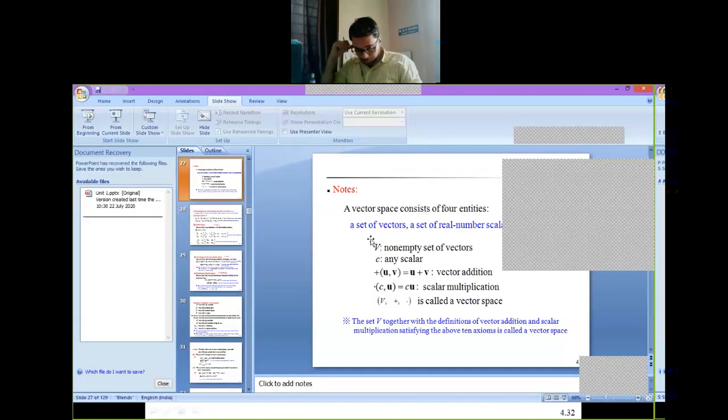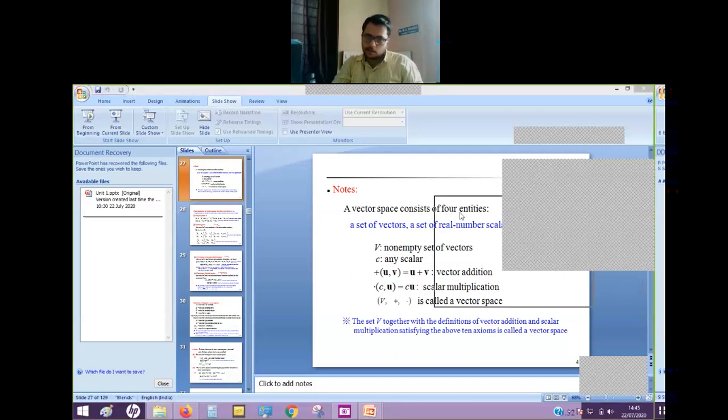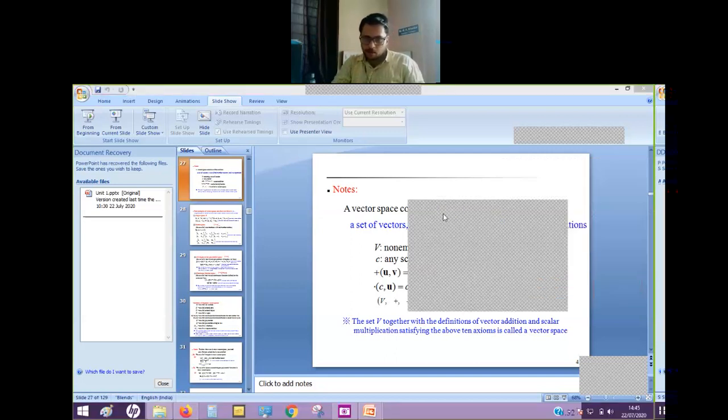You need to check to say whether the given space is a vector space or not. Can you please tell?